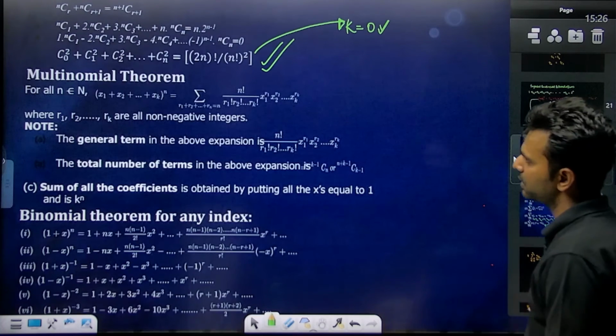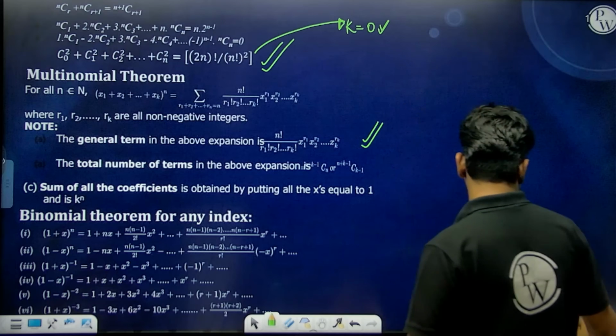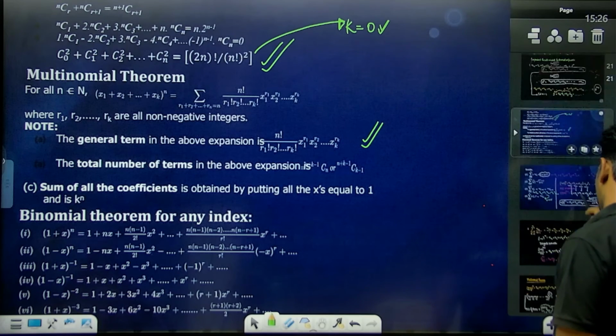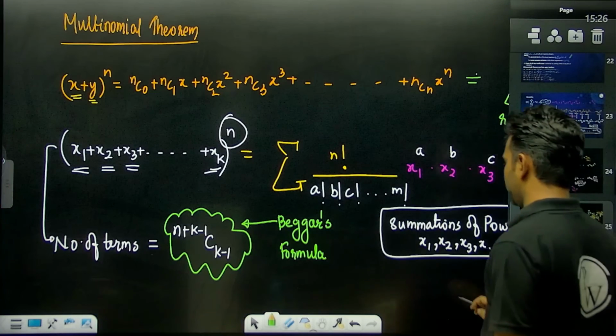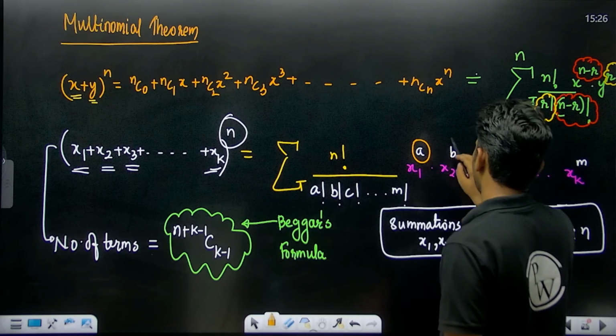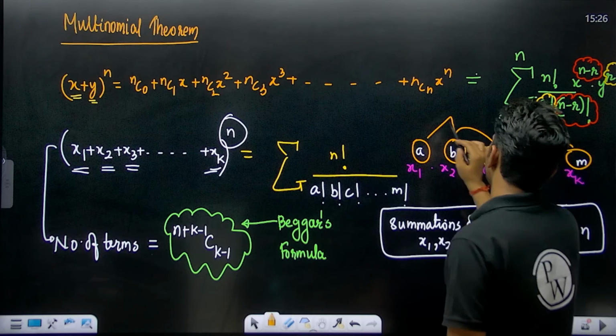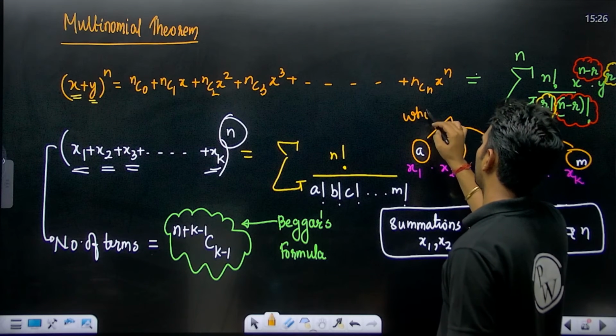Talking about the general term in the expansion, I hope you guys are clear with this. And let me tell you one very important thing, that the values of a, b, c, d are some whole numbers: 0, 1, 2, 3.